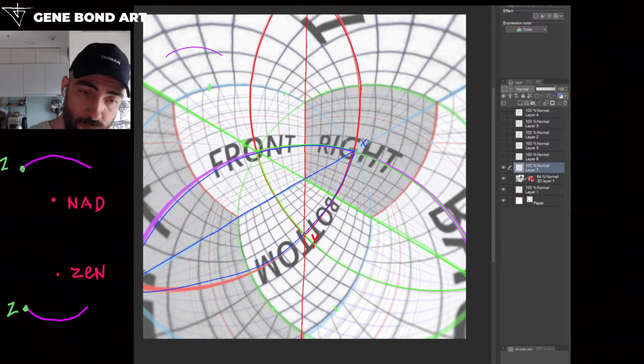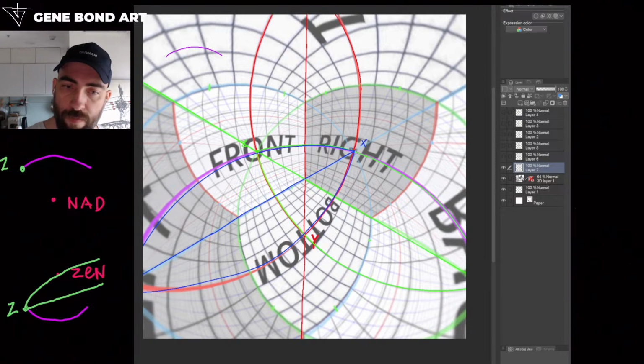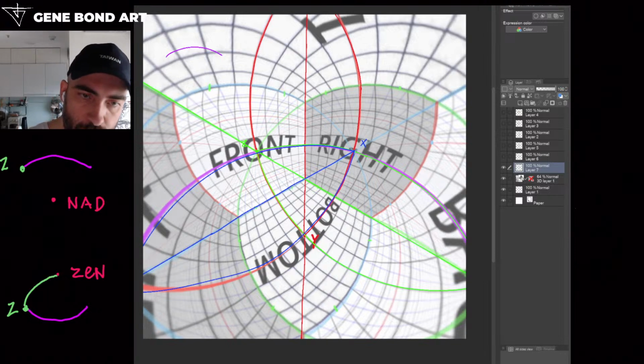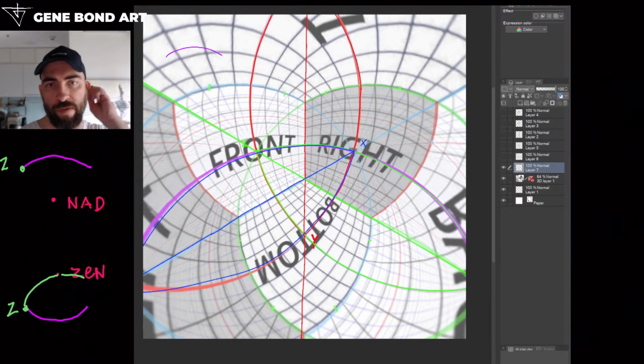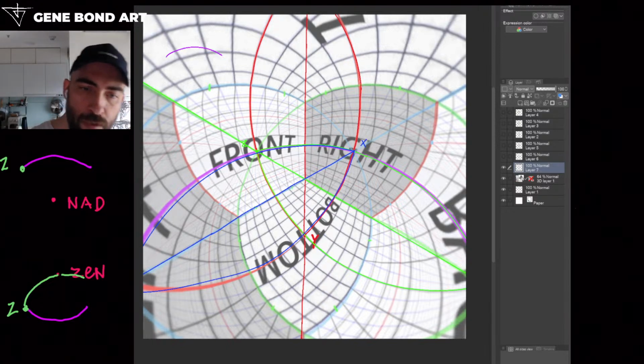This z vanishing point's curvature goes here, and the straight line goes kind of here, right? Then, it's a bit tricky here. We need to maintain it, it should be reflecting the curvature of the horizon line.